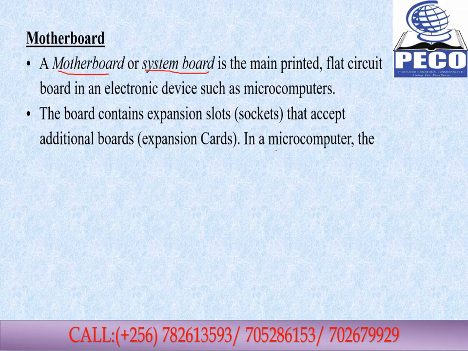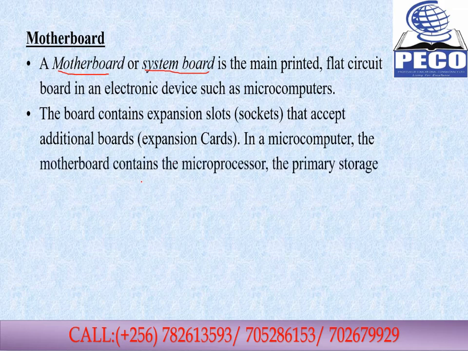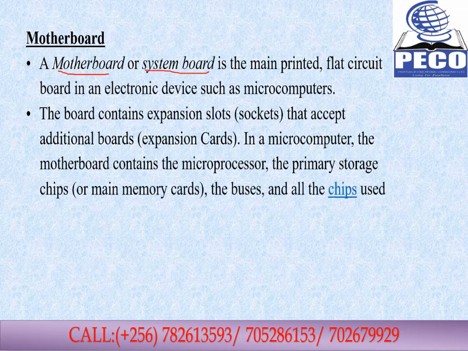In a microcomputer, the motherboard contains the microprocessor. That means the microprocessor is there, and even the primary storage, the primary or main memory, which at times we can call random access memory, is there.